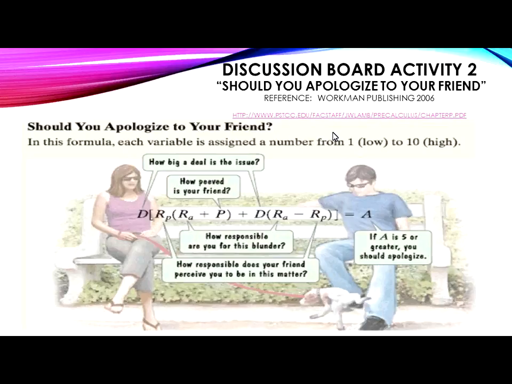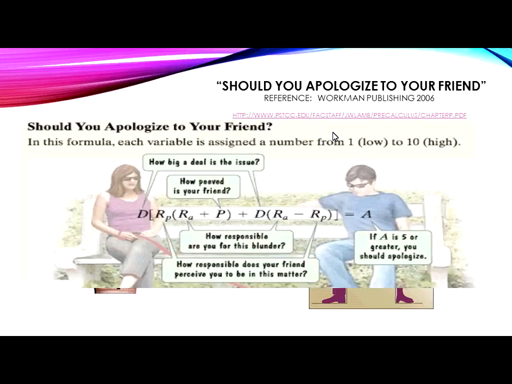The equation is very blunt. It says if it's 5 or greater, you should always apologize. So students always end up concluding that they needed to apologize. Sometimes they think they shouldn't have, and I ask them to play with the variables and see how they could change the scale to make it work in their favor. So this is another activity that's kind of popular.